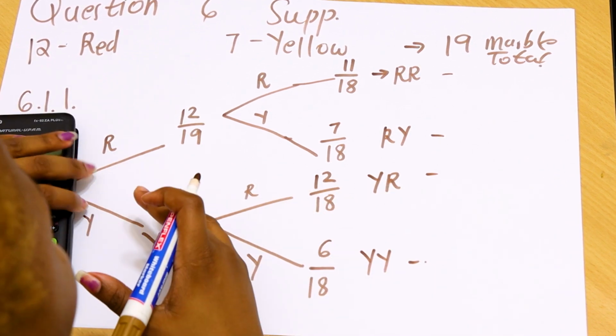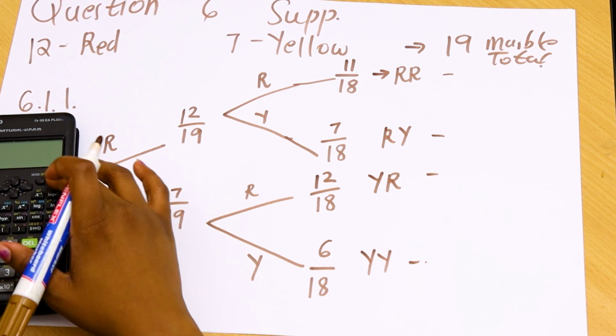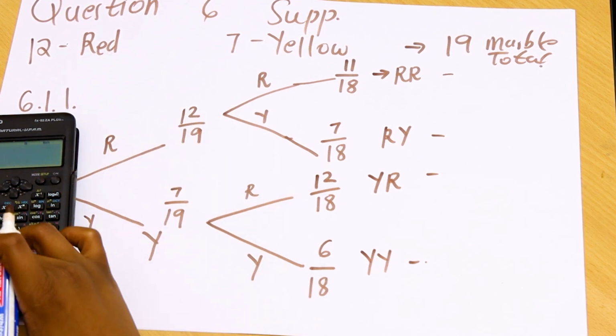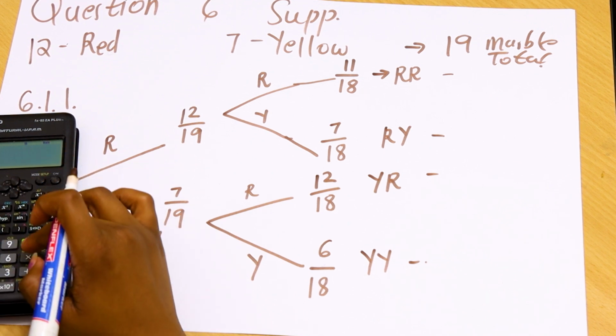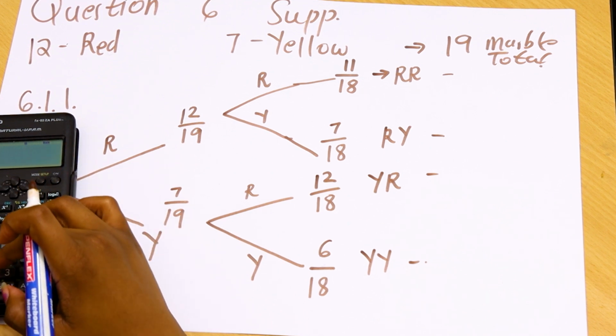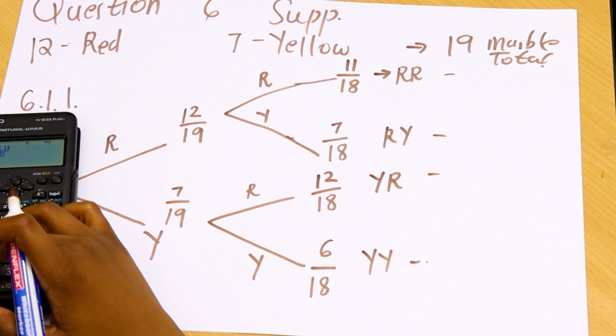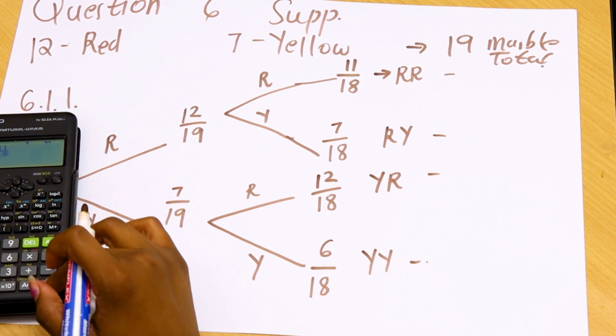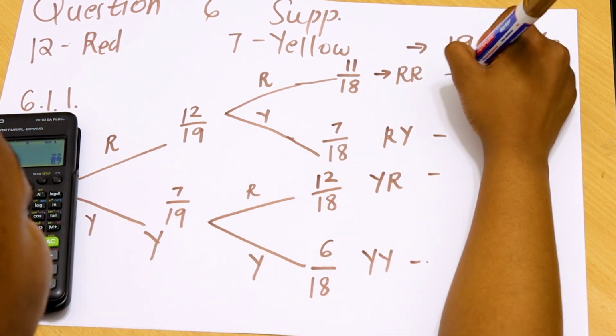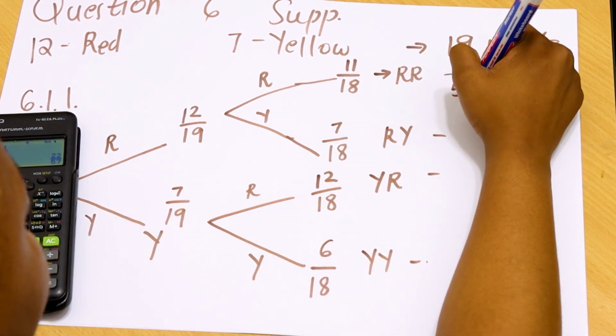So finding both marbles red would be 12 over 19, which is the probability of first red, multiplied by 11 over 18, which is 22 over 57.